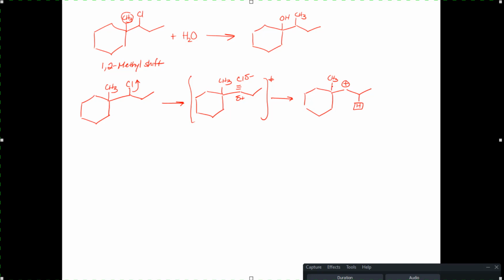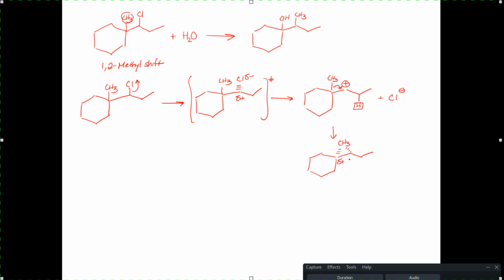Now what I'm going to do is, and I should put my Cl- over here, I'm going to shift this methyl group over here, and so the methyl group is going to take its pair of electrons and now bond to that carbon. So in terms of the transition state for that, the methyl group is going to be partially bonded to that carbon, partially bonded to this carbon.